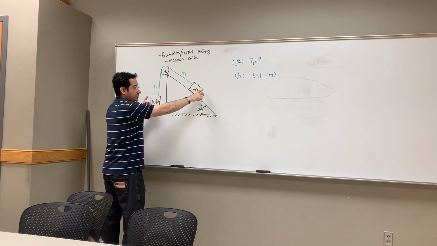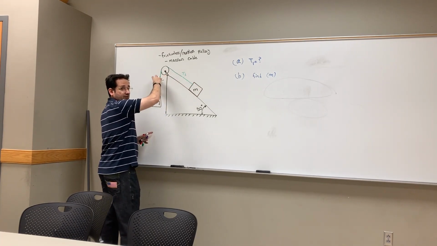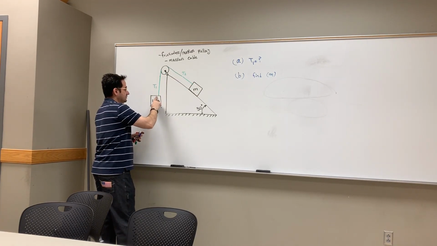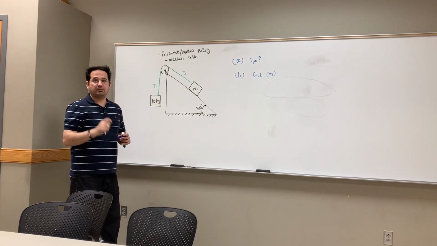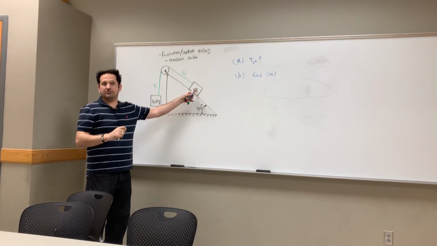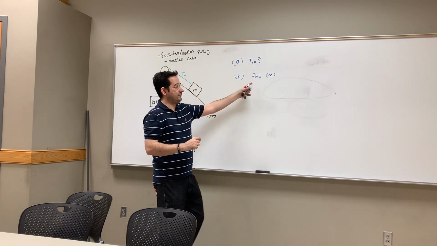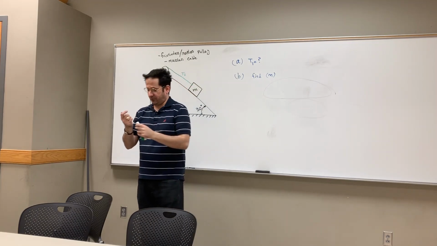And if it's a little bit lighter, then it's going to go this way. So at a particular mass, this thing becomes balanced. So for part B, find M such that the system becomes balanced, right?